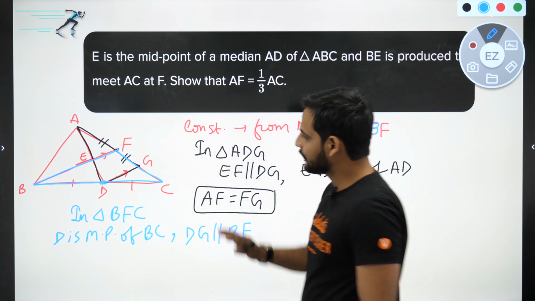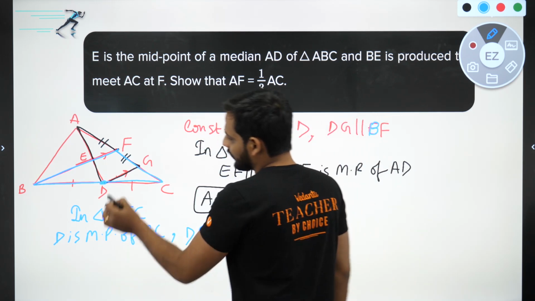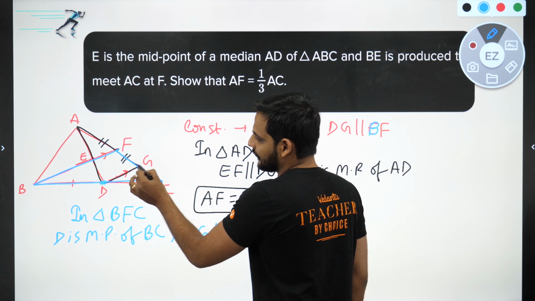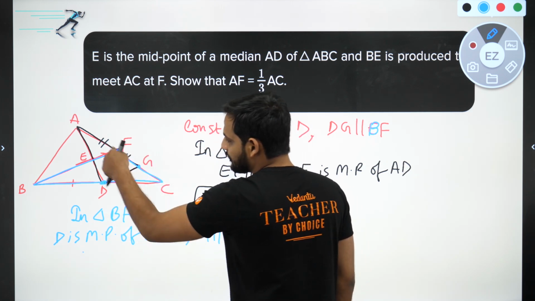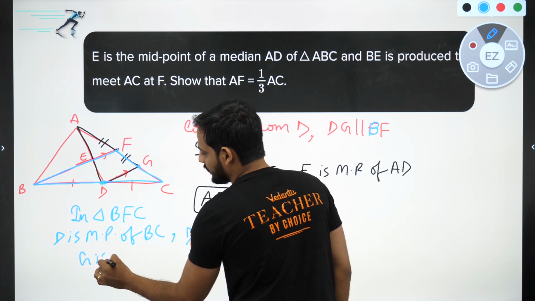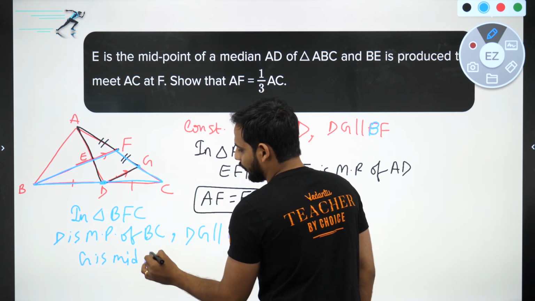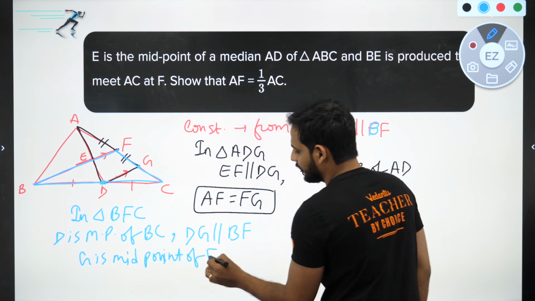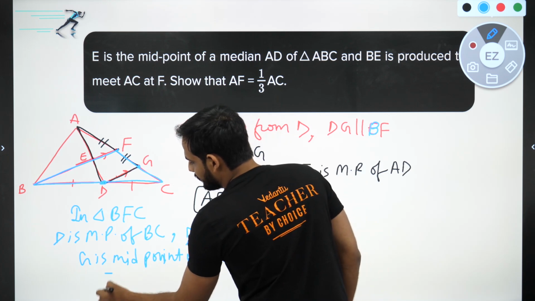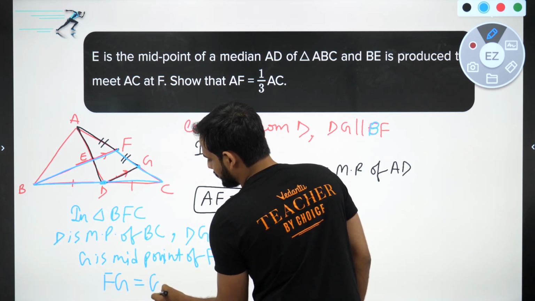So now by using the converse of the midpoint theorem, I can say that this line will intersect at the midpoint. That means G is the midpoint of FC. That means FG is equal to GC.